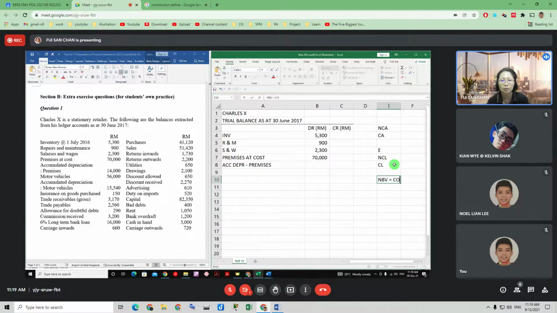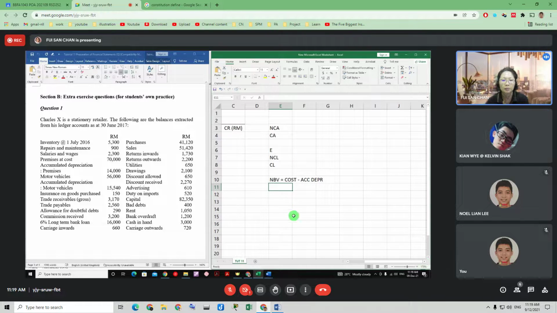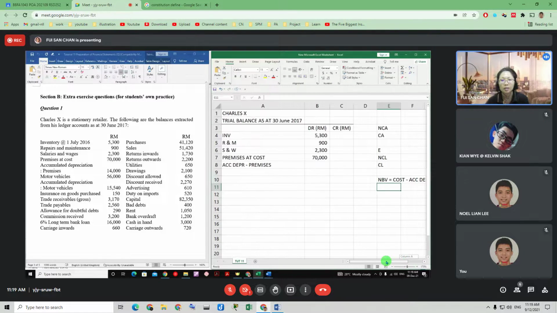Net book value equals cost minus accumulated depreciation, correct? Yes, you still remember your depreciation chapter? Now you see, if your premises is debit and accumulated you also put debit, then how do you find net book value? You get what I mean? Oops. So accumulated must be on the credit.